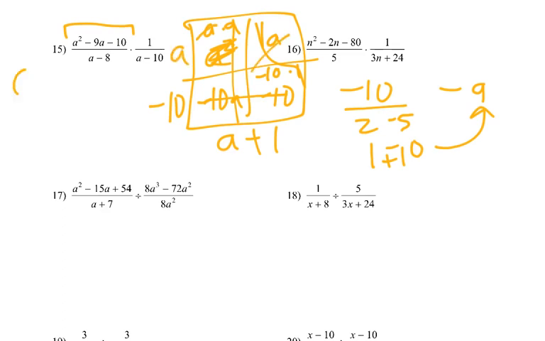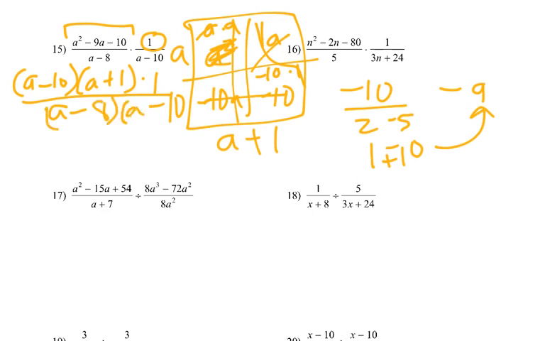So that one really is a minus 10 times a plus 1. And then that top up there is just 1, so times 1, which really doesn't do a whole lot. Then we have a minus 8 times a minus 10. So the a minus 10's cancel, and we're left with a plus 1 over a minus 8.